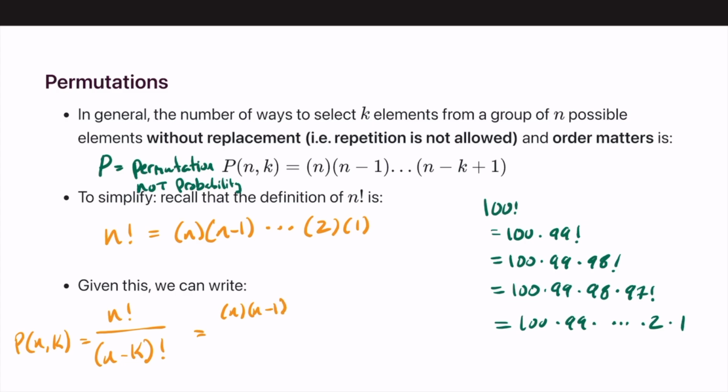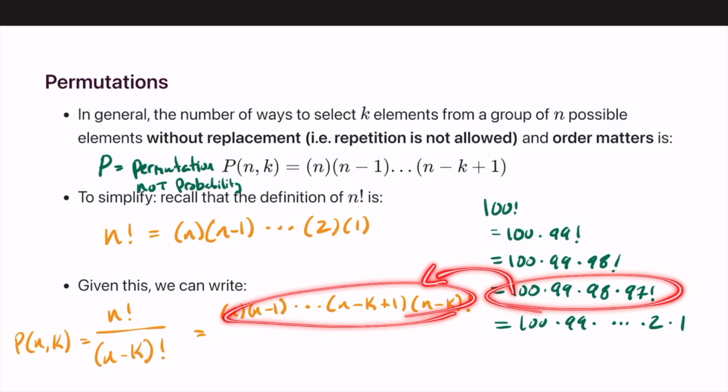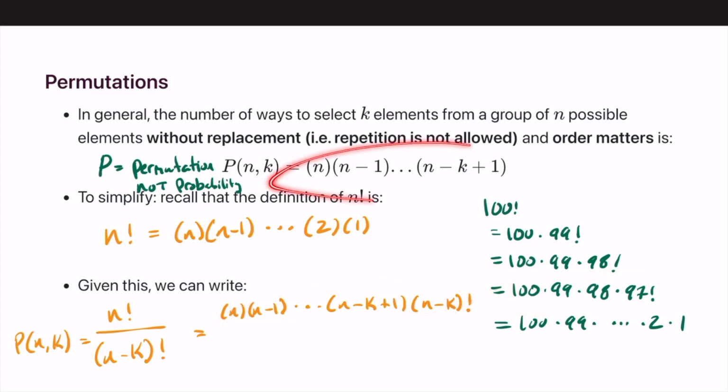So this would be like 100 times 99, then times some other stuff, times, we could say, n minus k plus 1 times n minus k factorial. So we're making use of what we did here to describe what is going on here.